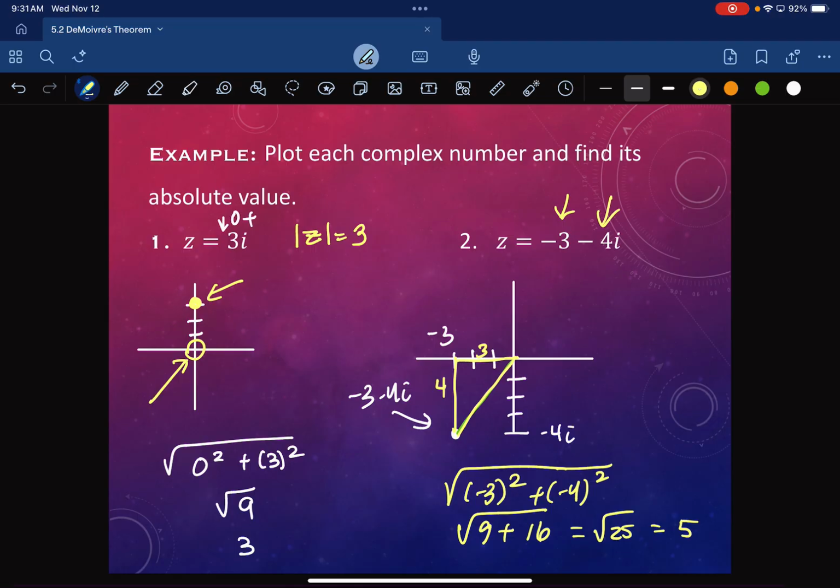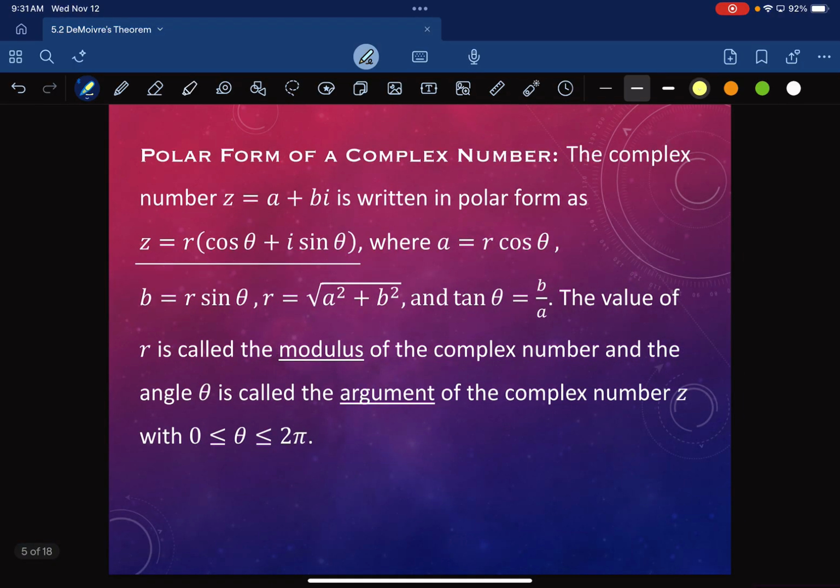All right. So the next thing we're going to take a look at is going to feel a little funny. So just bear with me so we can establish the definition, and then we'll get to what we're doing with it, okay? This is called polar form.